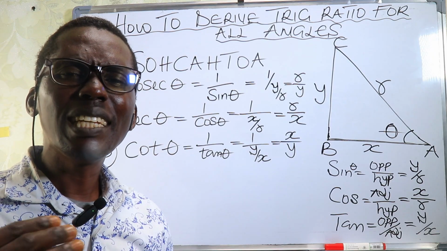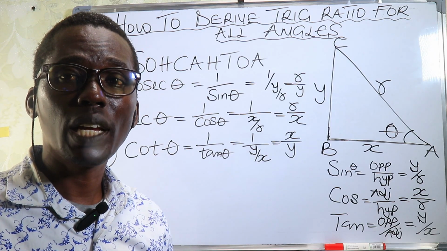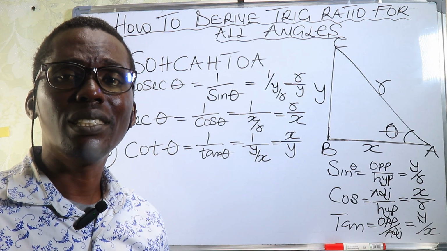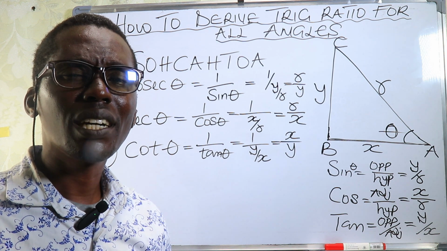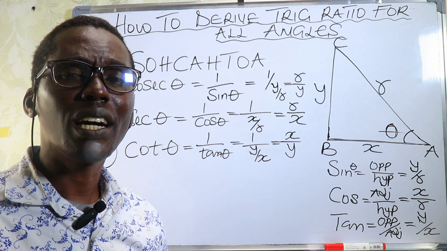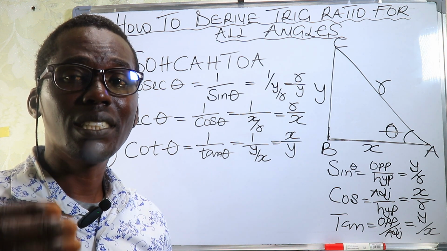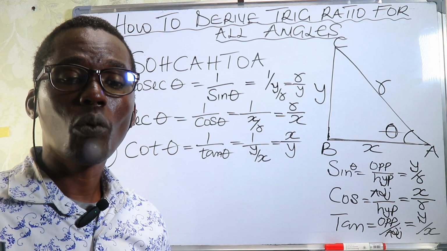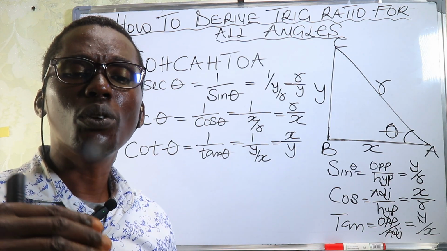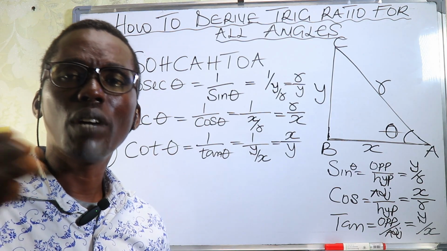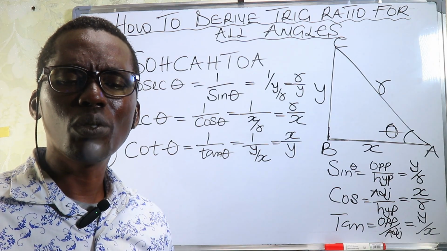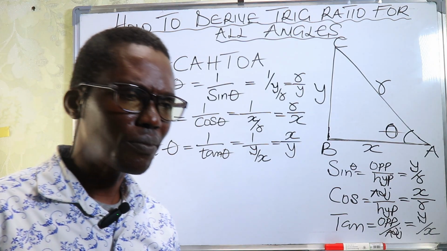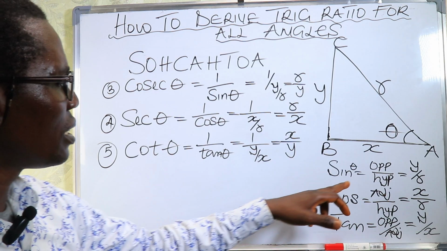Remember also the next stage of trigonometry ratios is the one we call tan theta. And remember that tan theta, they say, is sine theta all over cos theta. But how does this one relate?